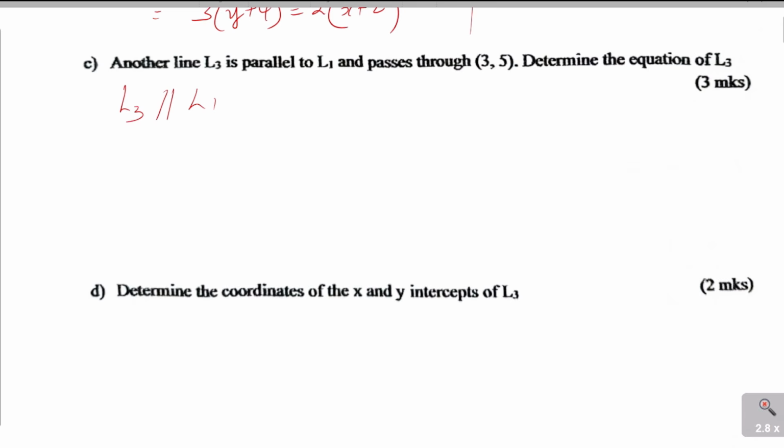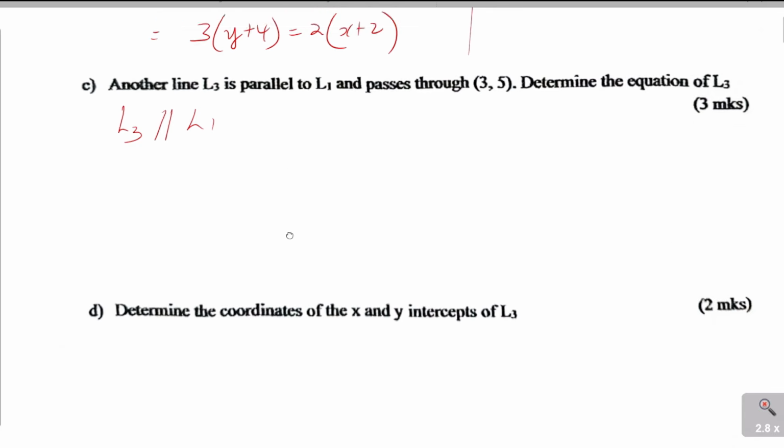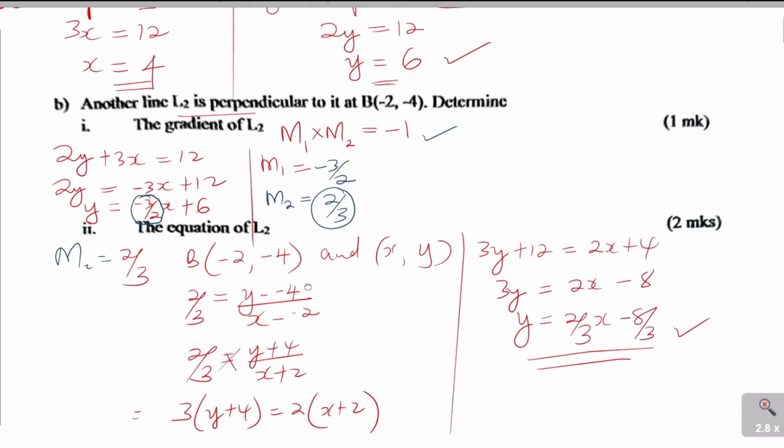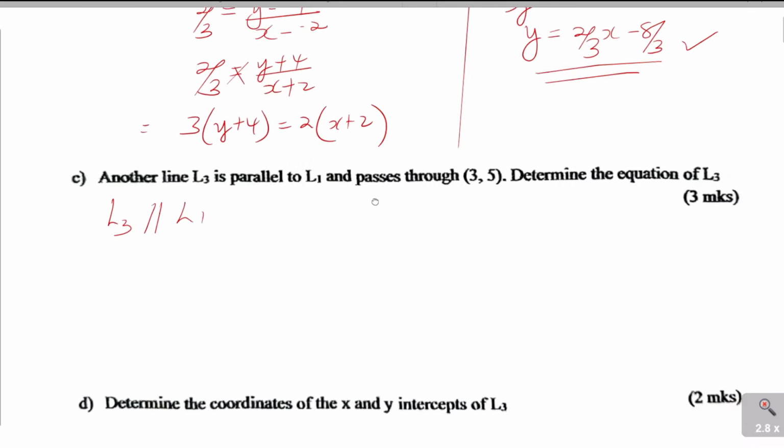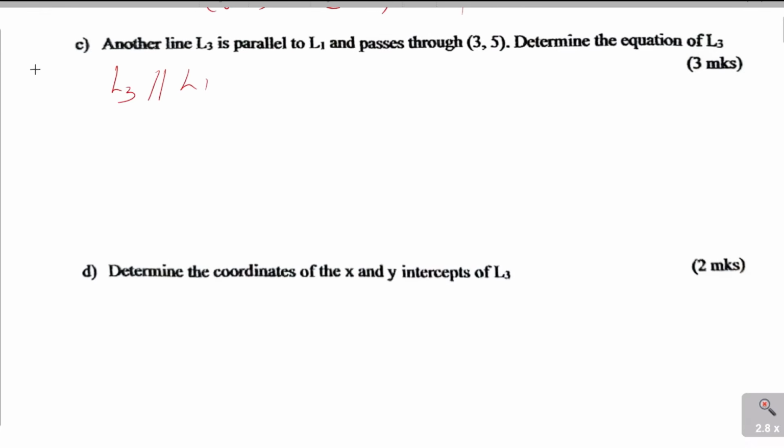What was the gradient of L1? We got it here. It was negative 3 over 2. So the gradient of L3 should be the same.